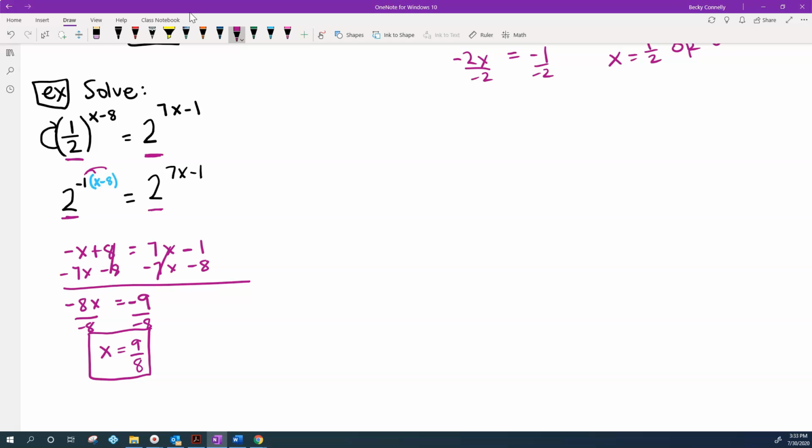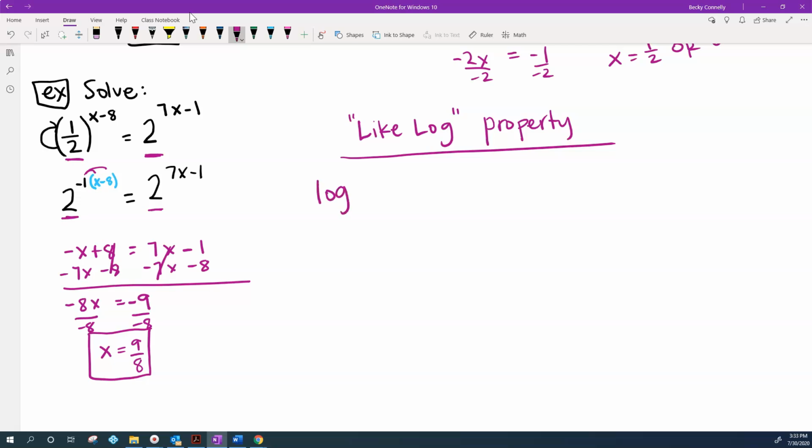All right. Then something similar to this is the property when we have logarithms that are the same. Right? We call those like logs. So basically, if you have the log base b of something, right?